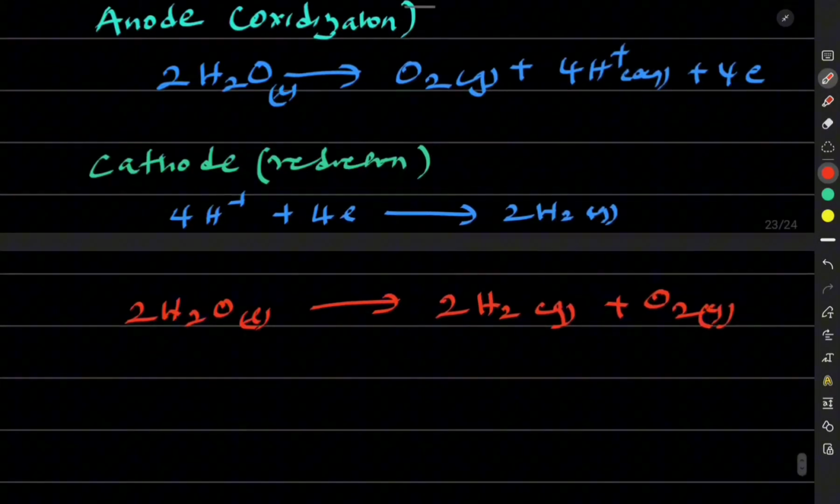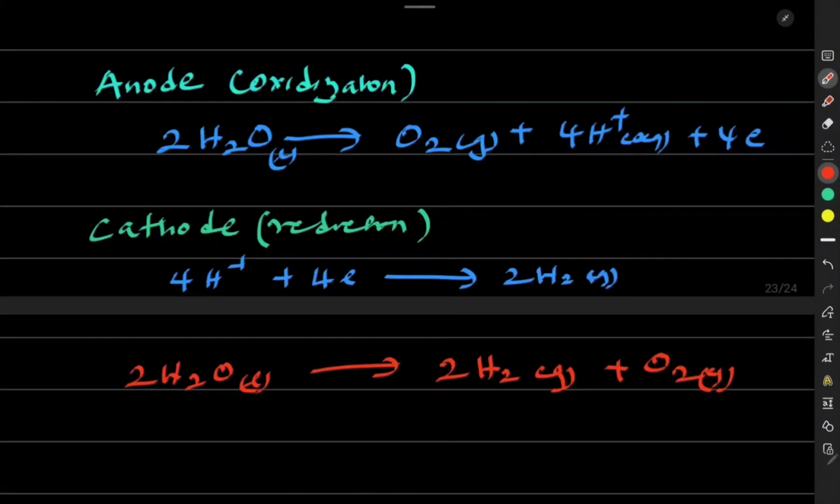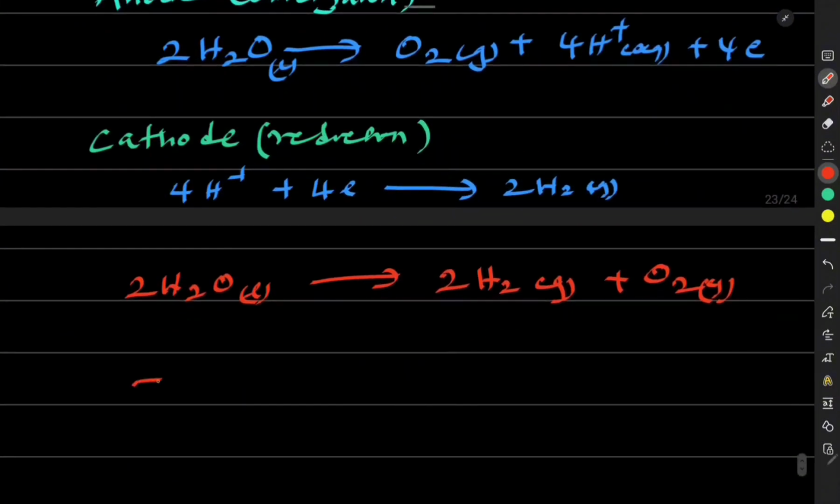If we look at the overall reaction, we can say that the H2O concentration does not affect the electrolysis. We can find the minimum voltage required for electrolysis of water using E cell equals E cathode minus electrode potential of anode.